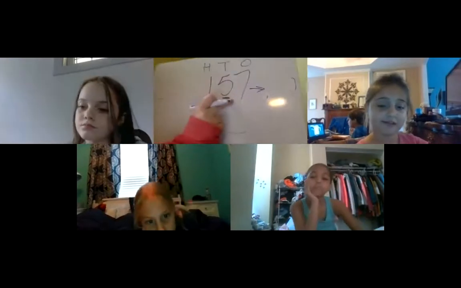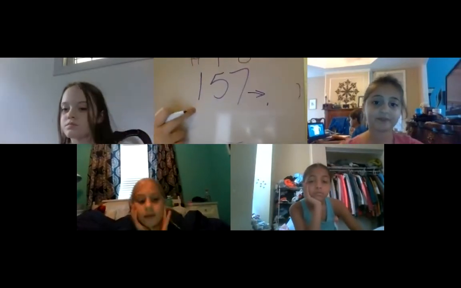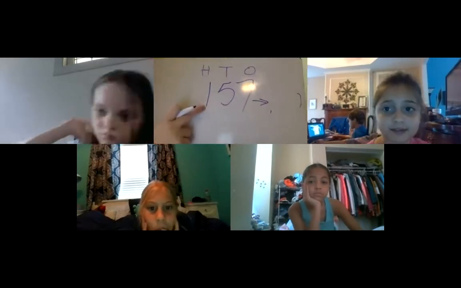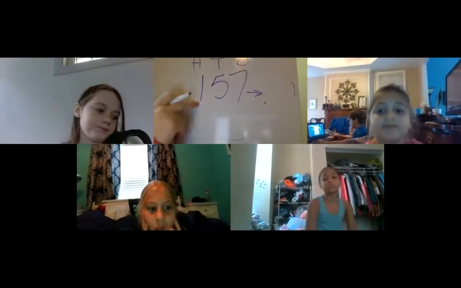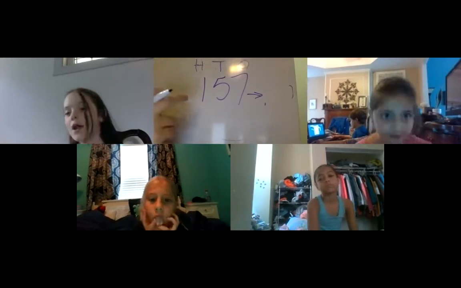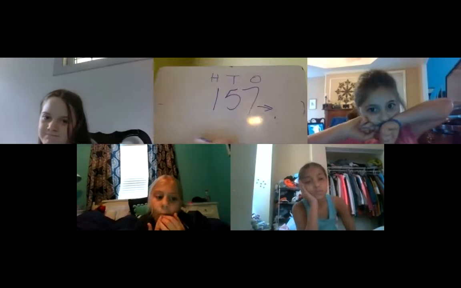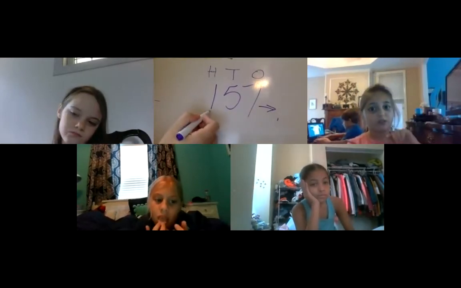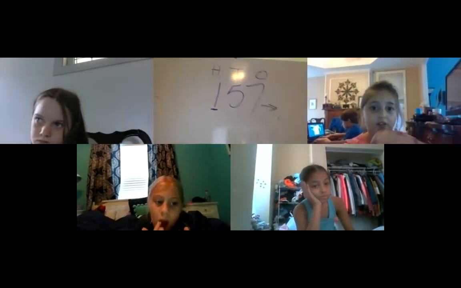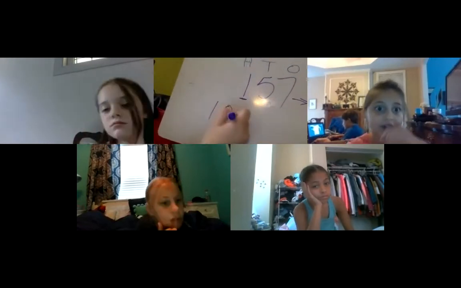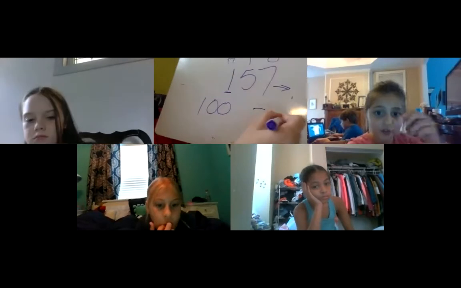Same concept if we want to round to the nearest 100, except now we know our number is going to end in 00: 100, 200, 300, 400, 500, 600, 700, 800, 900, 1,000. So we need to figure out, is 157 closer to the floor it's on, 100, or 200?